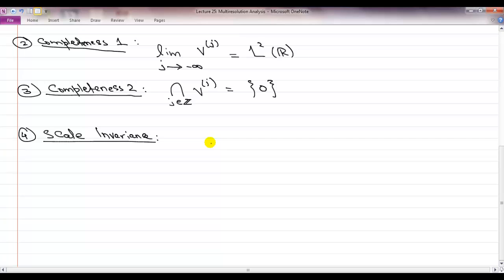So scale invariance effectively imposes this condition that every subspace looks like a smaller or a bigger version of the other subspace. So scale invariance says that the V j subspaces are just scaled versions of each other.